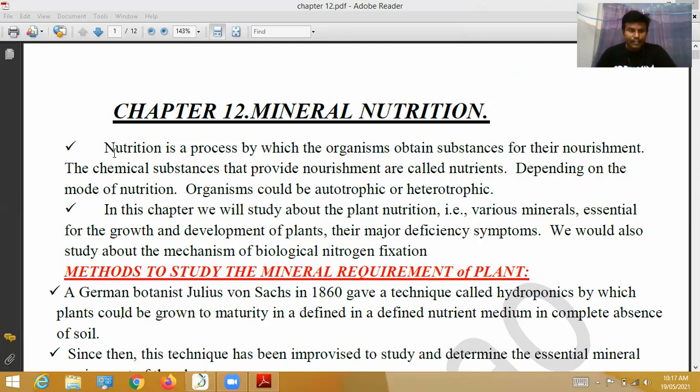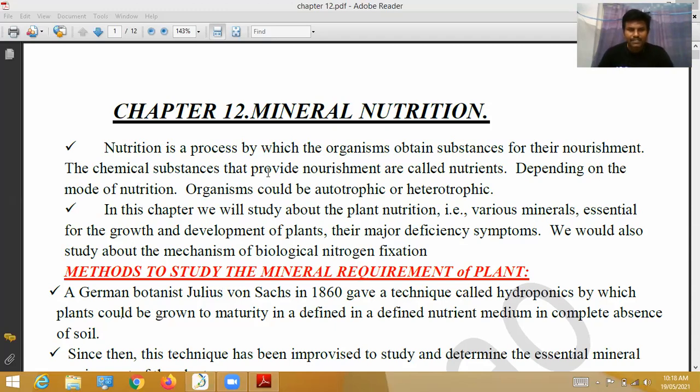Nutrition is a process by which organisms obtain substances for their nourishment. With the help of this process, organisms receive various kinds of substances for nourishment.